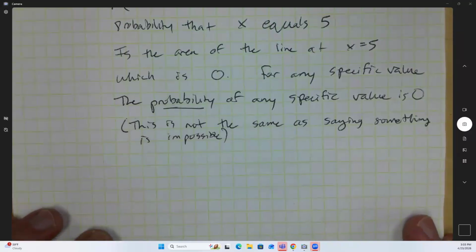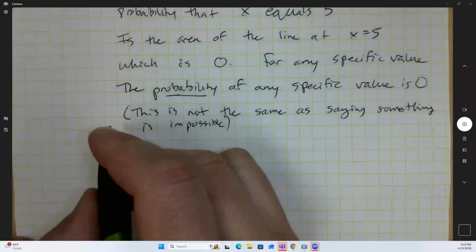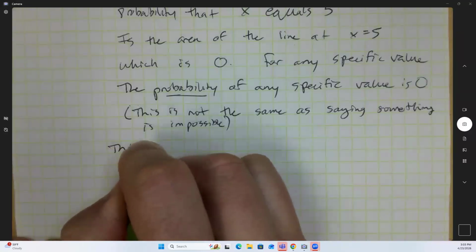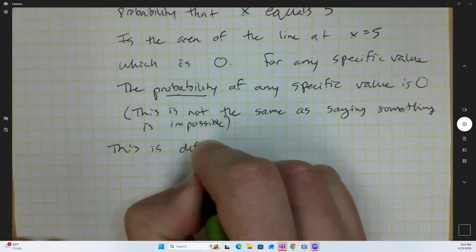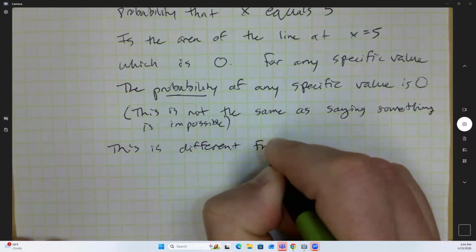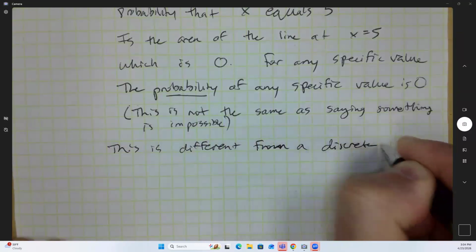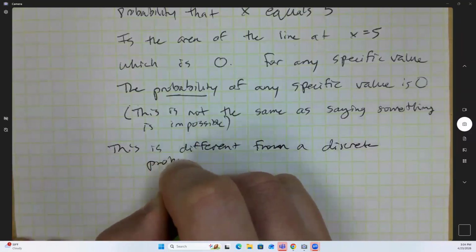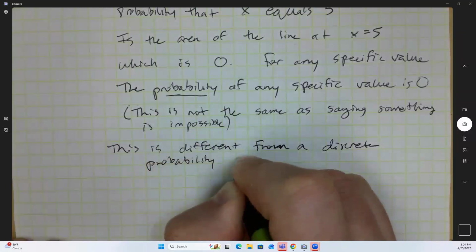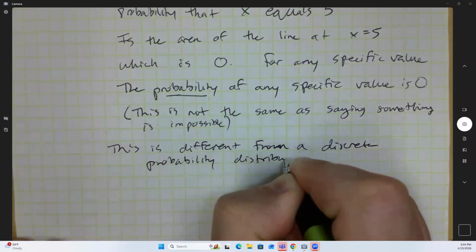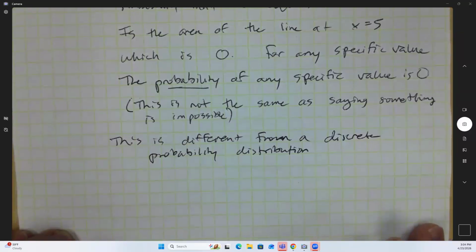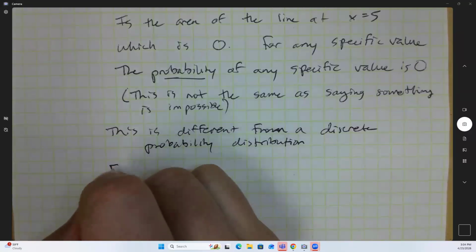Okay, this is different from a discrete probability distribution. Let's look at an example.